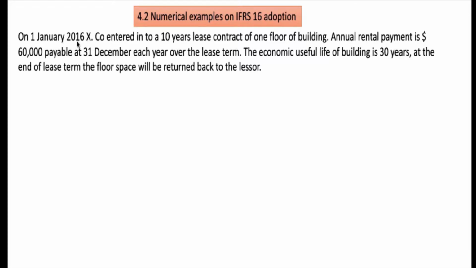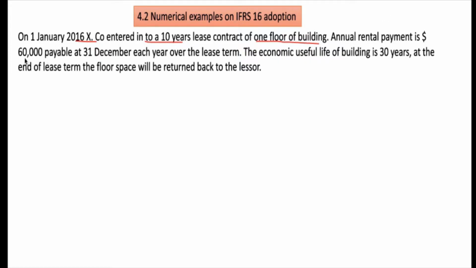So here we have the lessee, company X, who enters into a 10-year lease contract. The lease term is 10 years, and the underlying asset is one floor of a building.